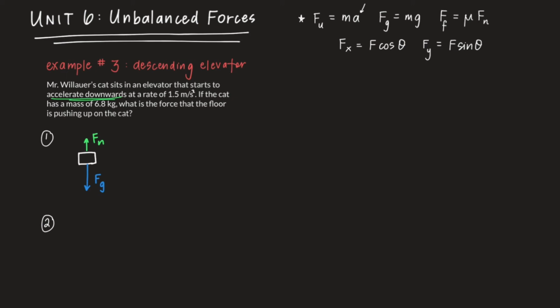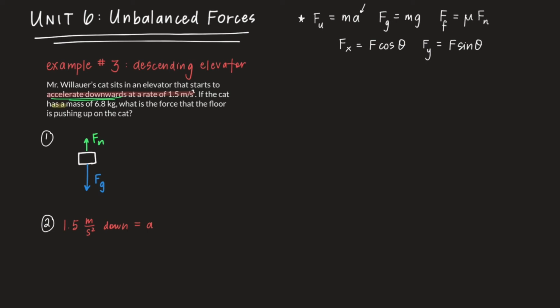Okay, so thinking about givens for step 2, we know that the elevator is accelerating down at a rate of 1.5 meters per second squared. So that's my first given: 1.5 meters per second squared down. And make sure you write that direction. That's equal to my acceleration. And the second given is that the cat has a mass of 6.8 kilograms.